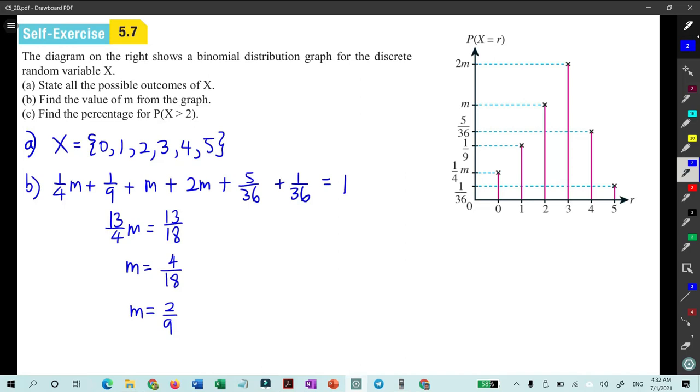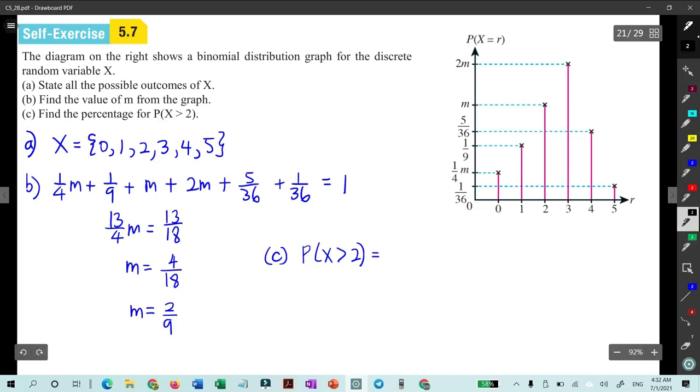Okay, next, for section C, find the percentage of probability x greater than 2. P(x > 2) is equal to 1 minus P(x ≤ 2).